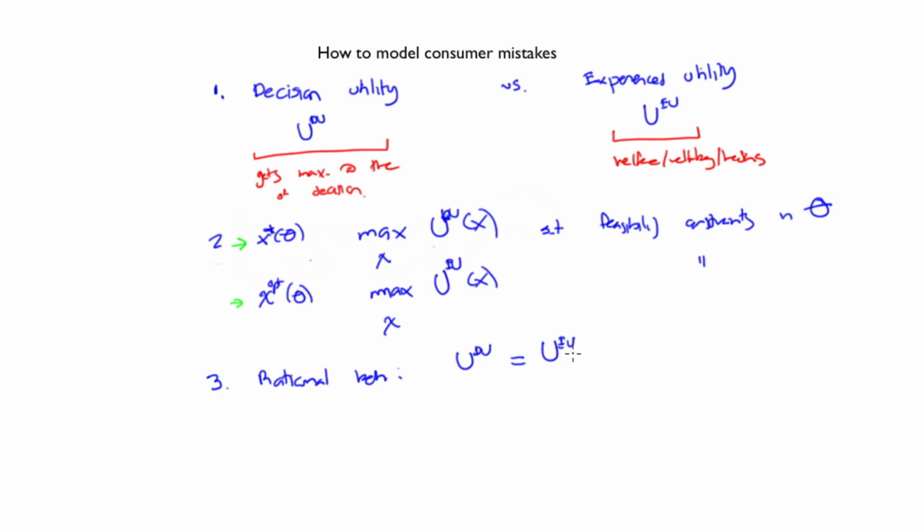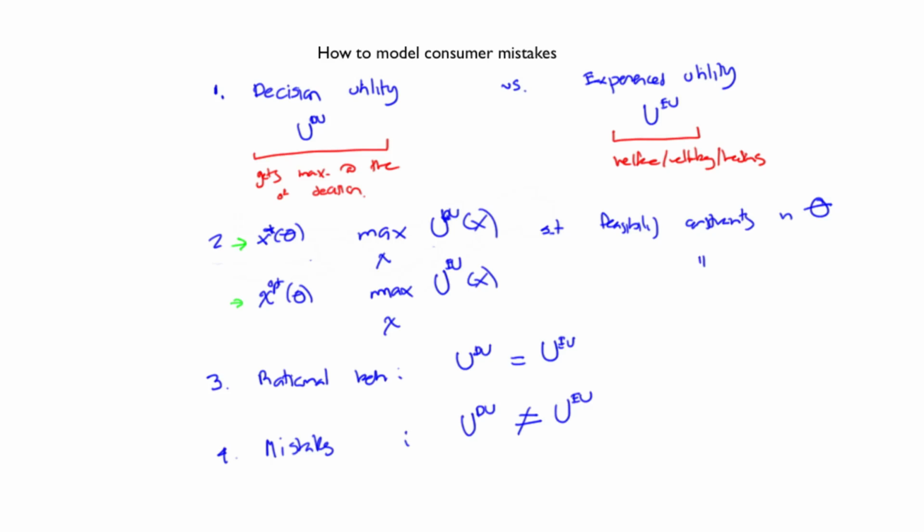The subject is making choices in the model by maximizing the actual experience utility function that generates its well-being. In contrast, irrational behavior or mistakes can be defined as a situation in which the decision utility function that gets maximized is different from the one that determines well-being.